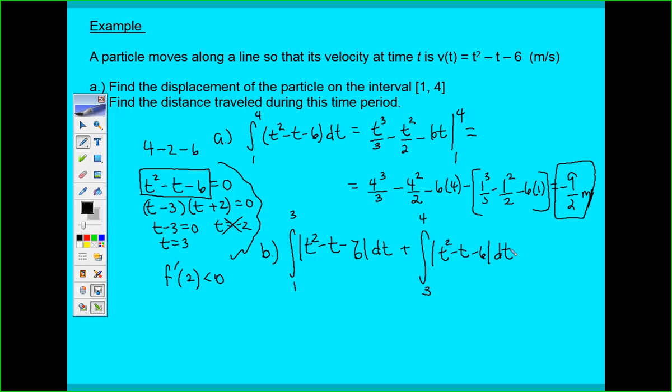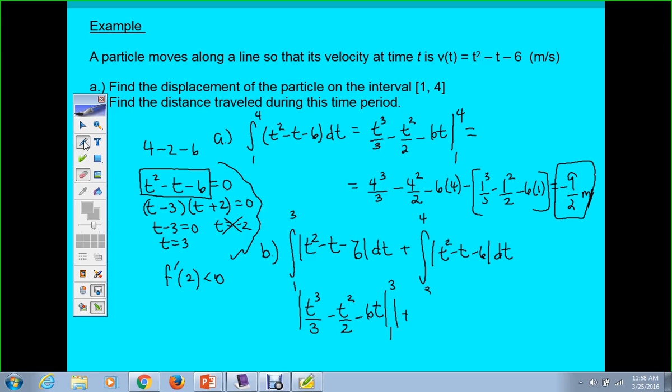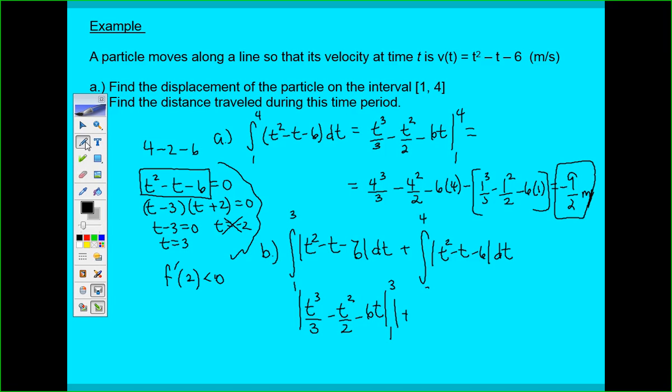And when we take the antiderivative, evaluated from 1 to 3, we're going to take the positive value here, and likewise for this quantity, so we would have t cubed divided by 3 minus t squared over 2 minus 6t, and this would be evaluated from 3 to 4.